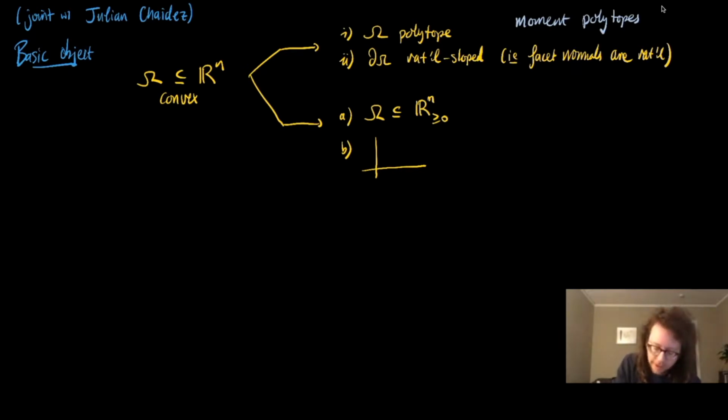They will look kind of like this. The key feature I want to emphasize is that it has n facets along the coordinate hyperplanes meeting at the origin, or any other subfaces there.